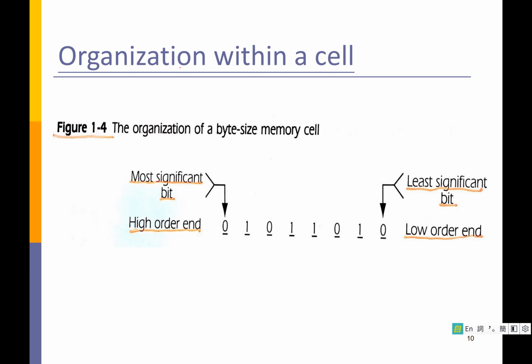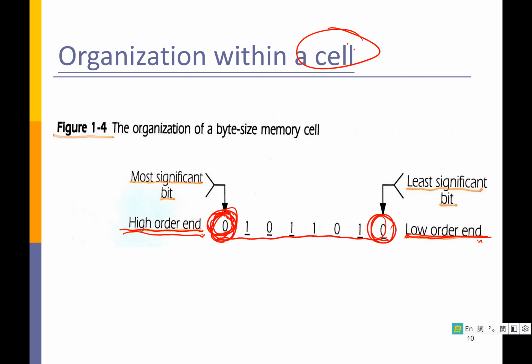Okay, now a cell is an 8-bit memory. The first bit on the left, we call it the high order end bit. The most right, we call it the low order end.